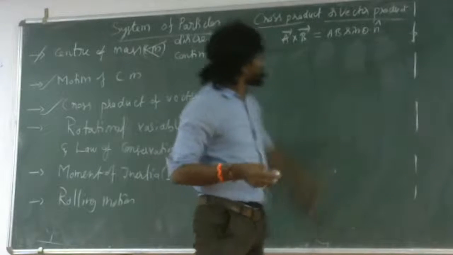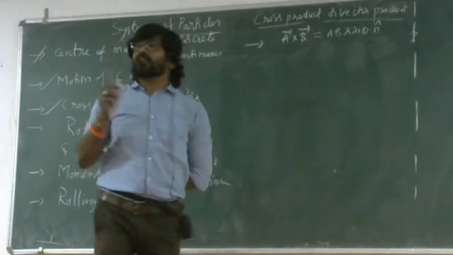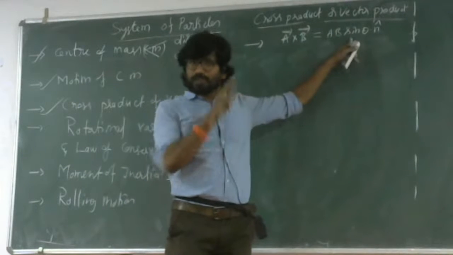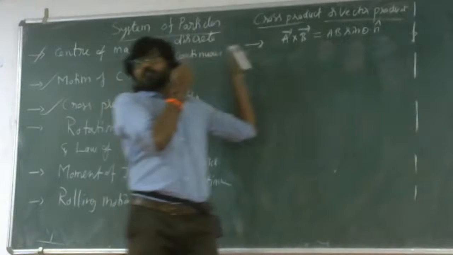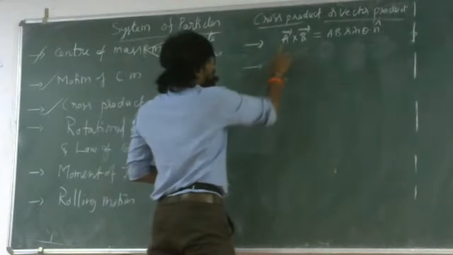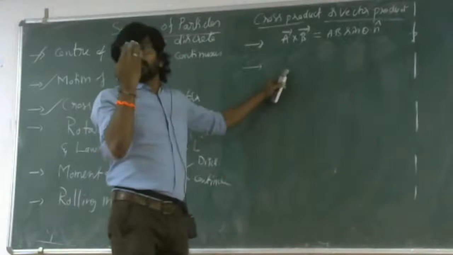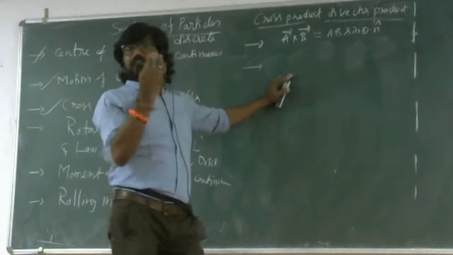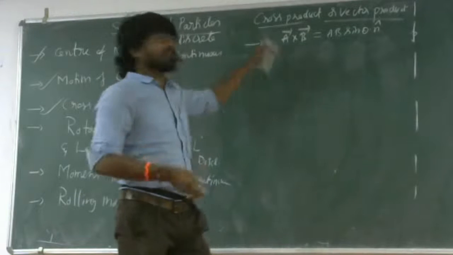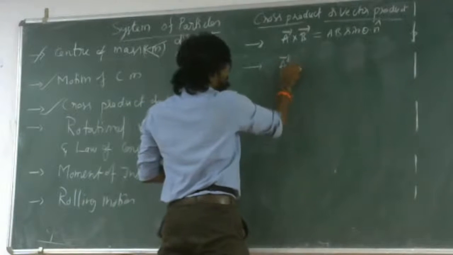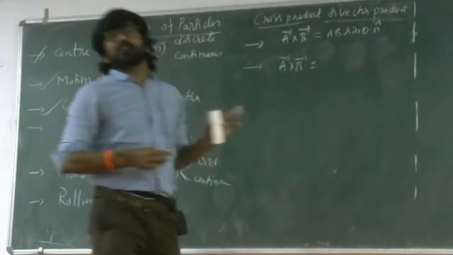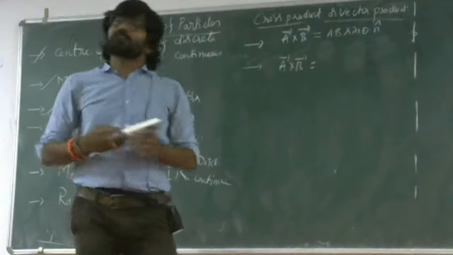Before that, let us also understand that if the magnitude of the vectors and the angle between them are given, directly you can use this expression to find the cross product between two vectors. Whereas if the vectors are given in components form, that means A vector equal to AX i plus AY j plus AZ k, and B vector is given as BX i plus BY j plus BZ k, then A vector cross B vector can be calculated by using what method?